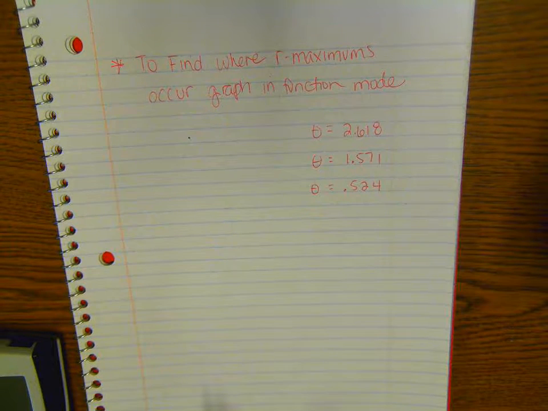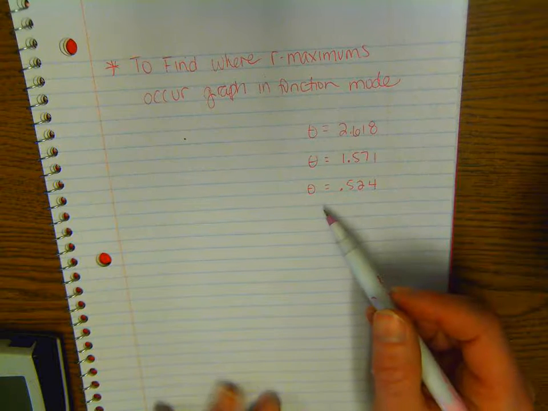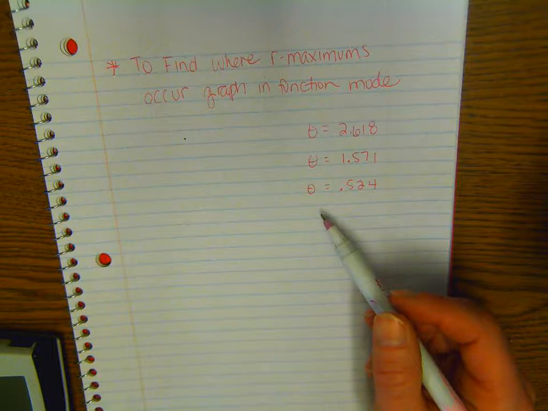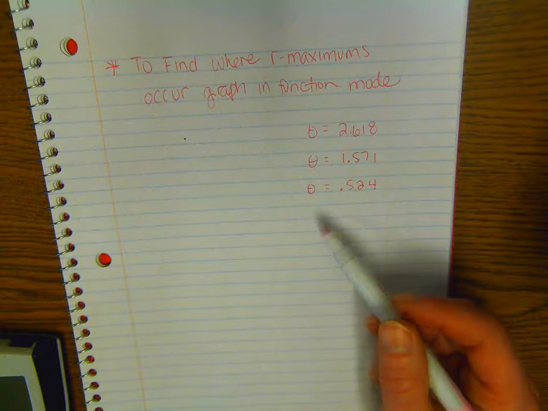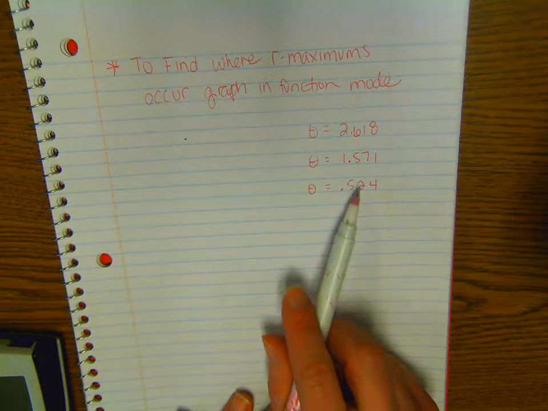Okay, now, if these were exact, we could try to figure out what they were. Does that make sense? Okay, I just wrote down theta instead of x. I wrote down the first three. Couldn't I try to figure out what these numbers are?